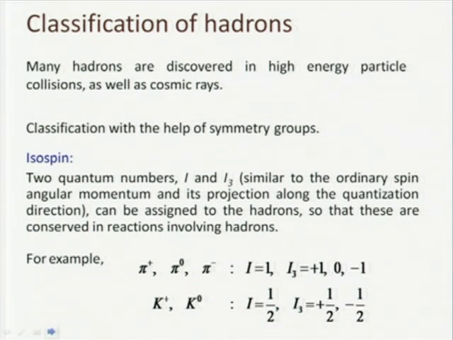There had been many different iterations and models proposed, and this is something like the end result that we are discussing. So, there is a K plus and K 0 which can be grouped under I equal to half, I3 equal to plus and minus half, and all other mesons could also be classified under this isospin grouping.